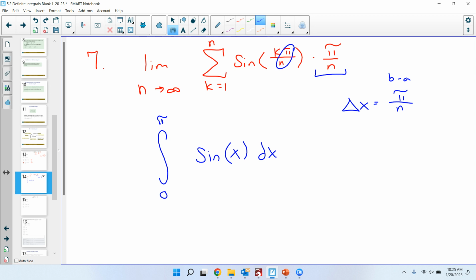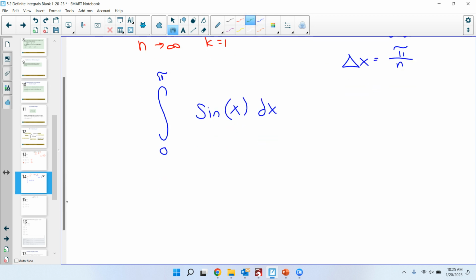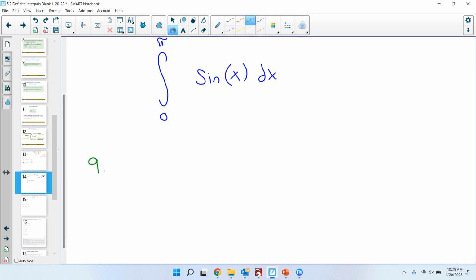Any ideas why that's switched? It's not just 0 to 1. If we're saying it's just a single value over n, are we just always going to say a is 0? No. So that's kind of what we're getting to with number 9. 9's a little trickier. 9 was the limit as n goes to infinity.